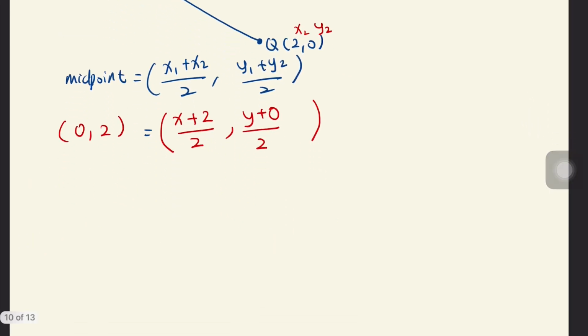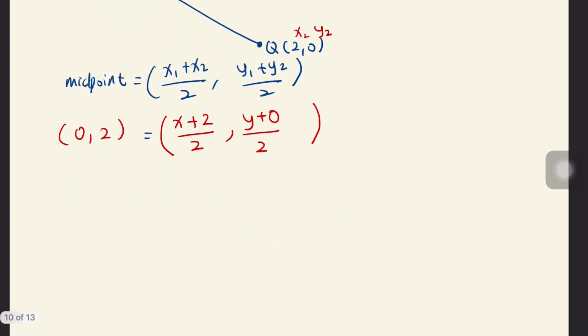Now kita dah ada ni. So next kita buat comparison. So this is x coordinate, betul? X saya hanya boleh compare dengan x. Y saya hanya boleh compare dengan y. So sebab tu dia jadi macam ni. X plus 2 over 2 is equals to 0. Y plus 0 over 2 is equals to 2.